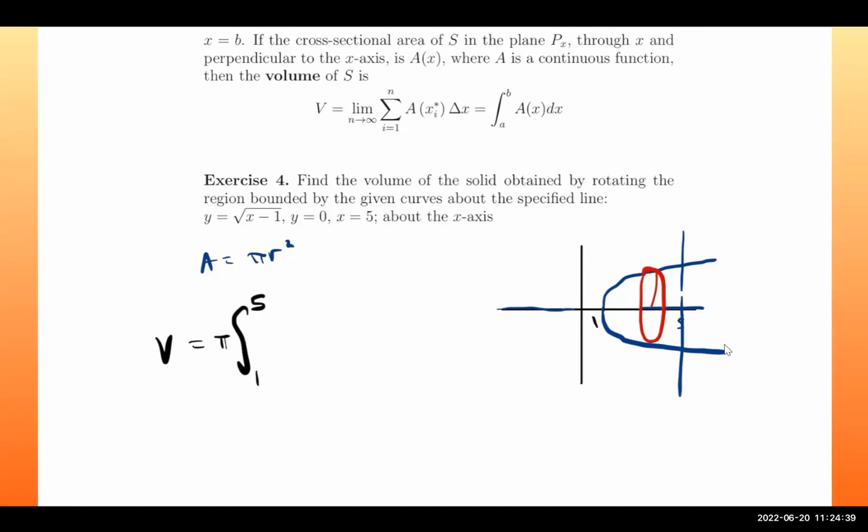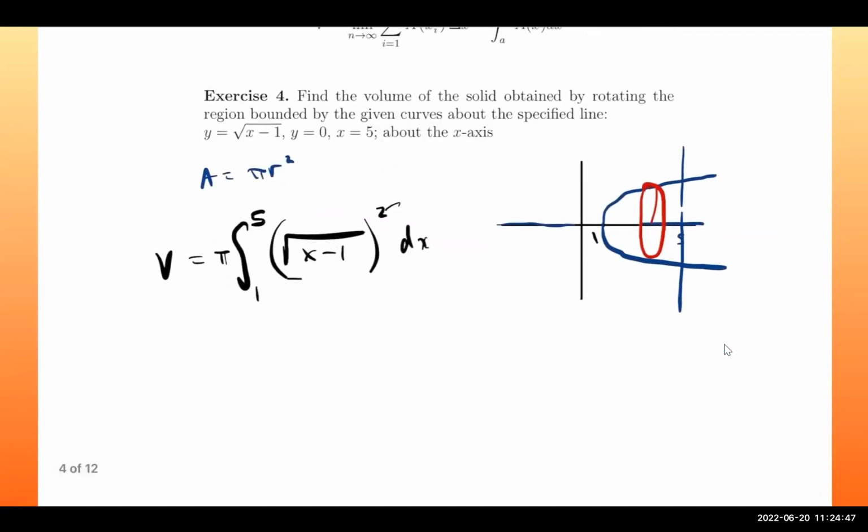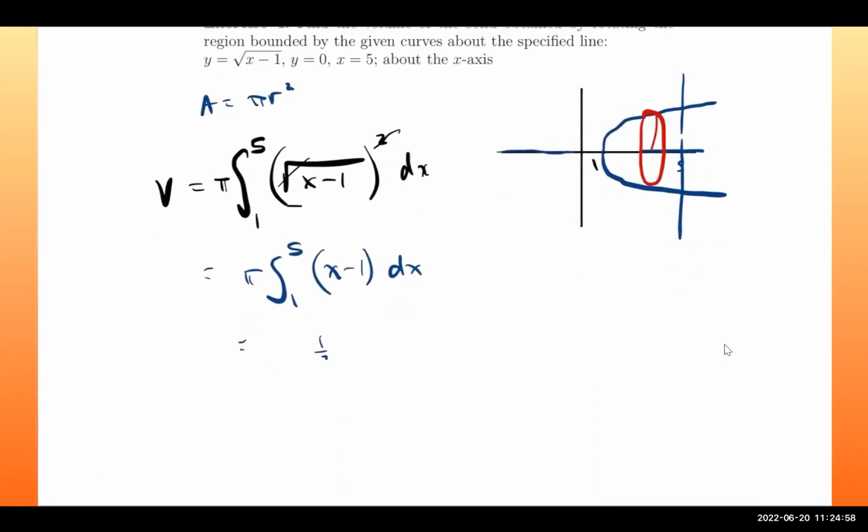And then the radius squared: we said that the radius is the square root of x minus 1, to the second power, with respect to x. And so that's going to cancel that out. Now we're going to have pi times the integral from 1 to 5 of x minus 1 dx. Integrating that will give us 1/2 x squared minus x, times pi, from 1 to 5.